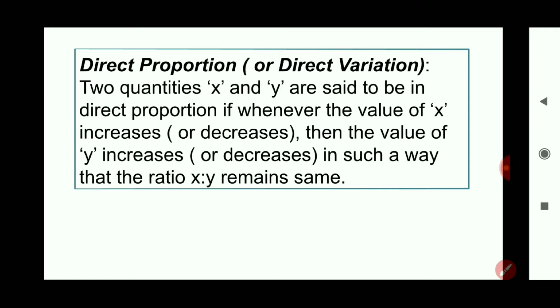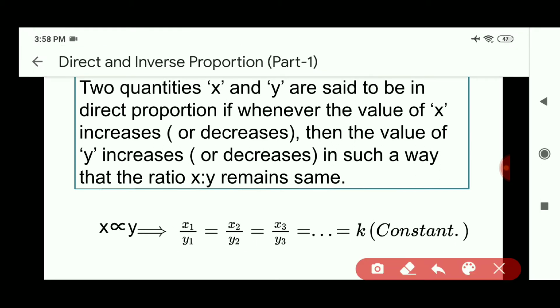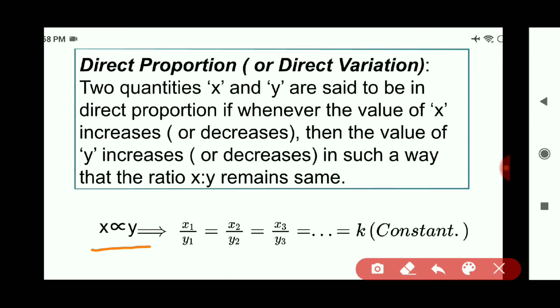Otherwise, two quantities x and y are said to be in direct proportion if whenever the value of x decreases, then the value of y decreases in such a way that the ratio of x to y remains the same. Observe the symbol. This symbol is used for direct proportion. X is directly proportional to y, that implies x1 by y1 equals x2 by y2 equals x3 by y3 and so on, equals some constant k.